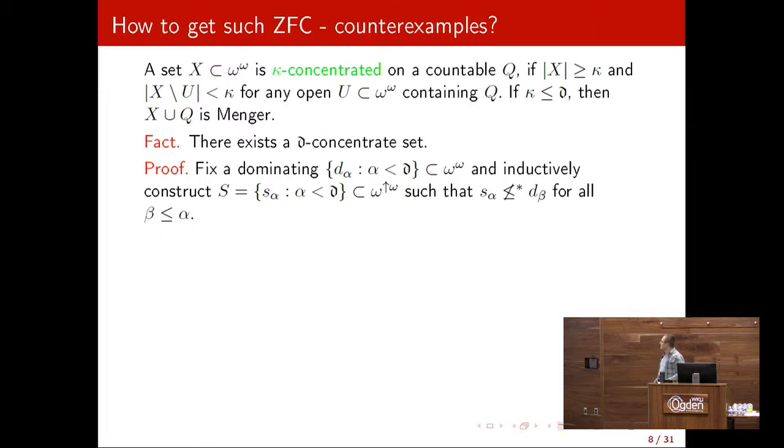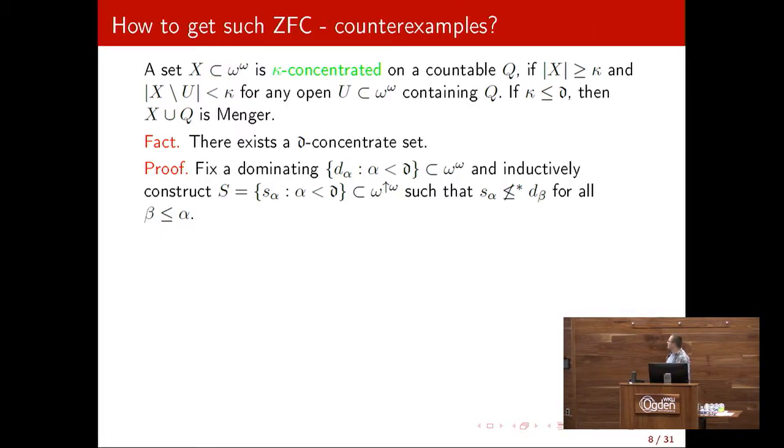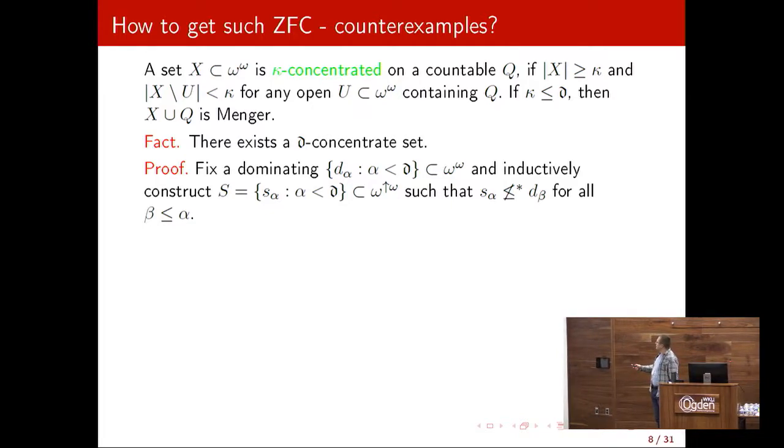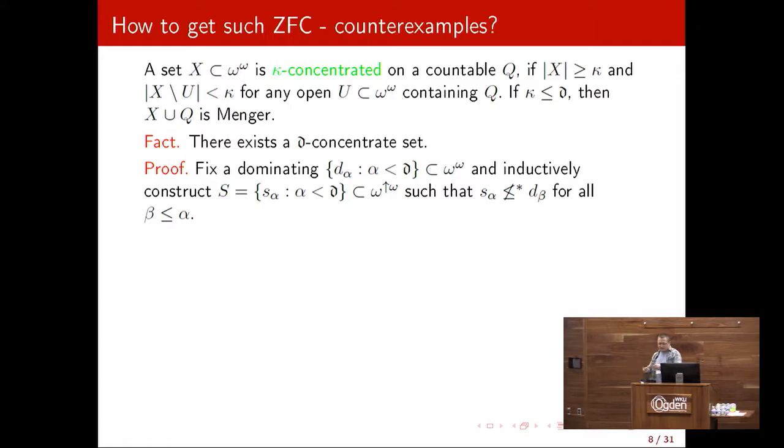Well, why is that? Let's fix a dominating subset of the Baire space and inductively construct yet another sequence consisting of increasing elements of the Baire space, such that every sequence number alpha is not dominated by any of the elements of this dominating set with smaller indexes. This is possible by the definition of d, because there are fewer than d many sequences that you would like to be not dominated by them.